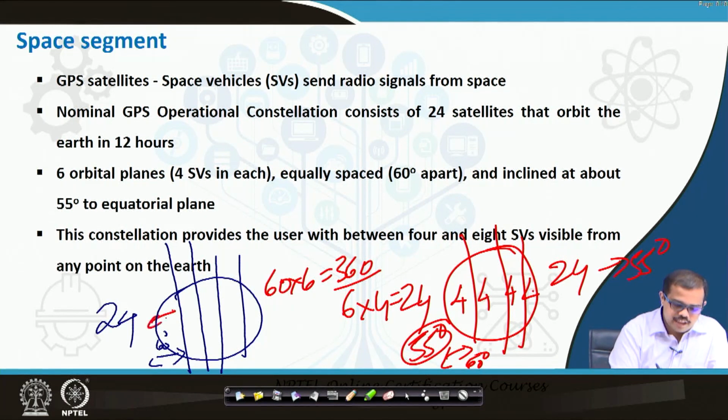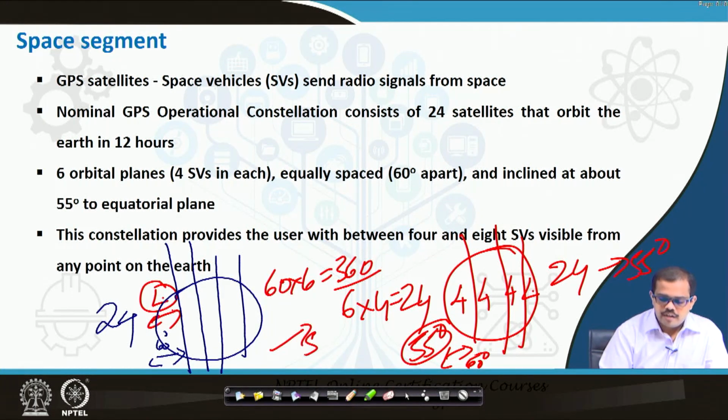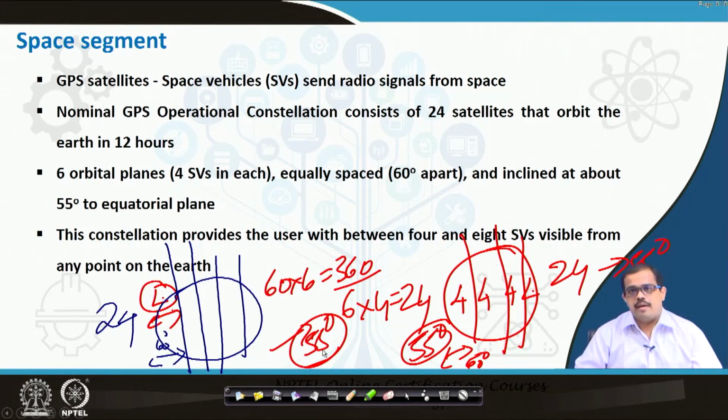Each 60 degrees will have 4 satellites, and 4 into 6 is 24 satellites across the globe. Each of these is inclined at 55 degrees to the Earth surface, to the equatorial plane. So, this is how the space segment looks.